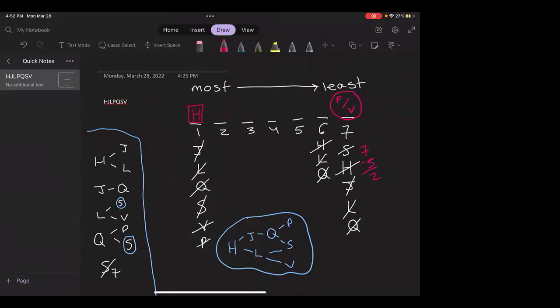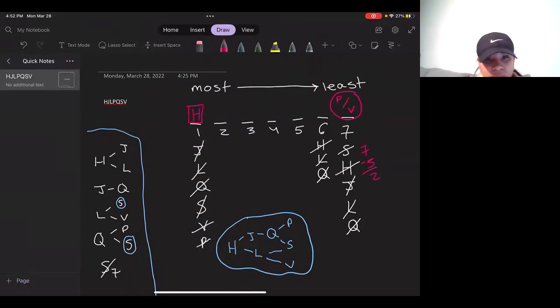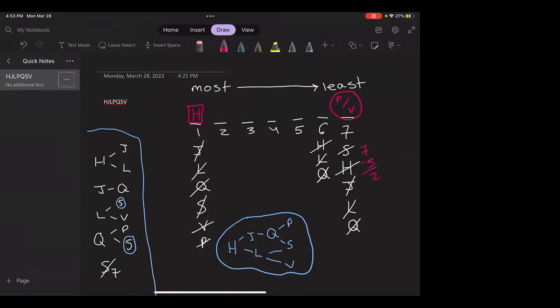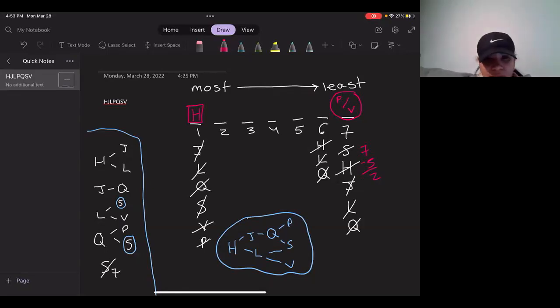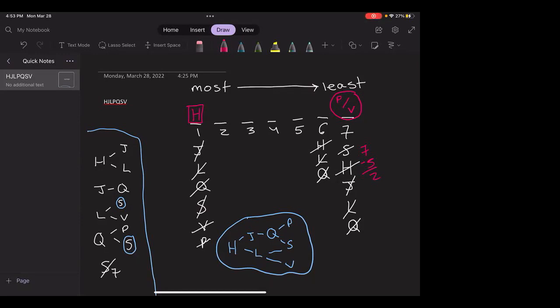Now that's not a rule that they told us, but this is an inference, which is super, super important. What's really important to keep in mind is that J and L also have to always be before Q, P, S, V in our chain. So who could be second?